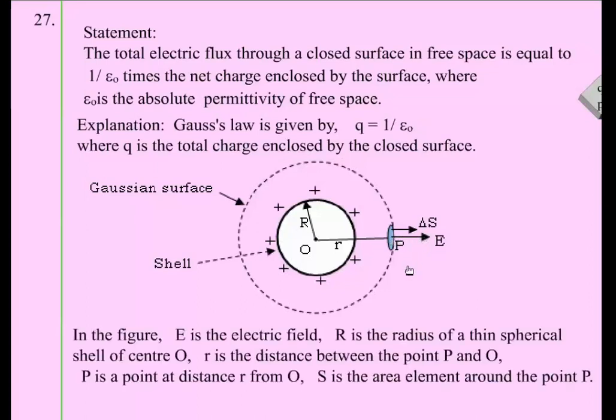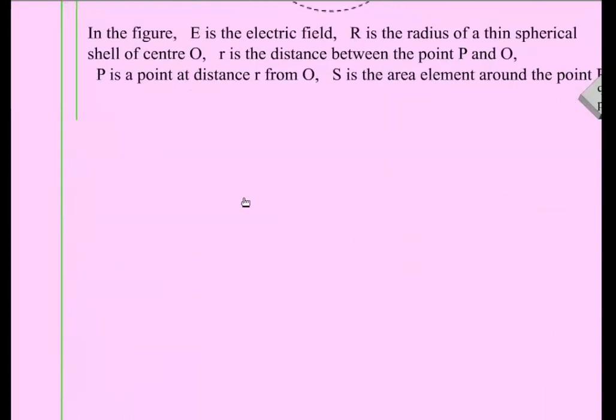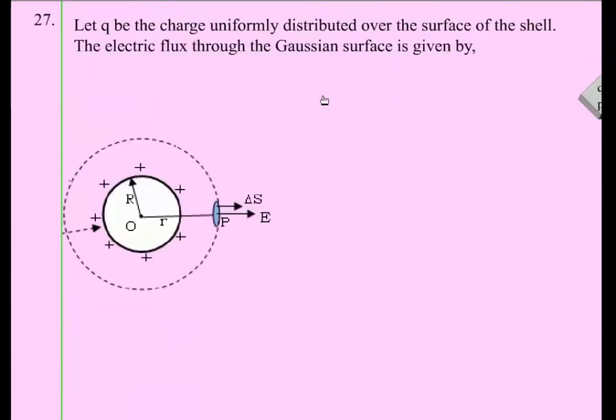So now let us derive an expression. Q be the charge uniformly distributed over the surface of the shell. The electric flux through the Gaussian surface is given by here. Phi is equal to sum of E delta S cos theta. E is the electric field at this point, delta S is the surface area, and theta is the angle between electric field and this surface area.